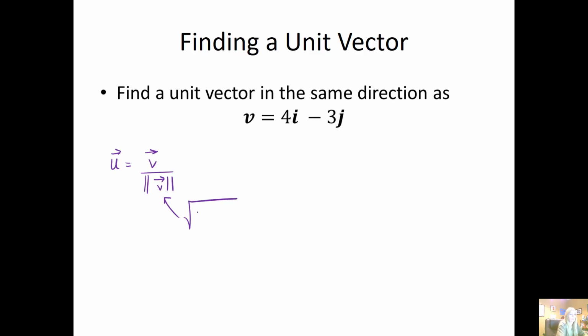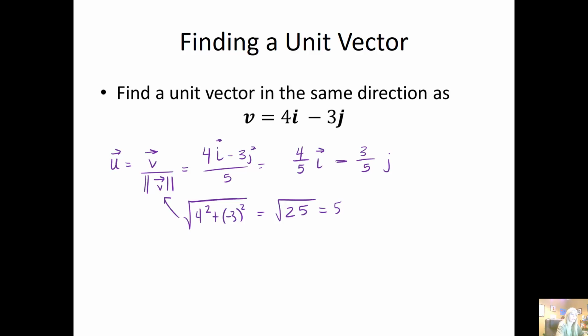You square, and that'd be 16 plus 9, which would be 25, so the denominator's 5. So I simply write the top, 4i minus 3j, over 5. Now I can split these up as 4/5 in the horizontal direction, and minus 3/5 in the vertical.